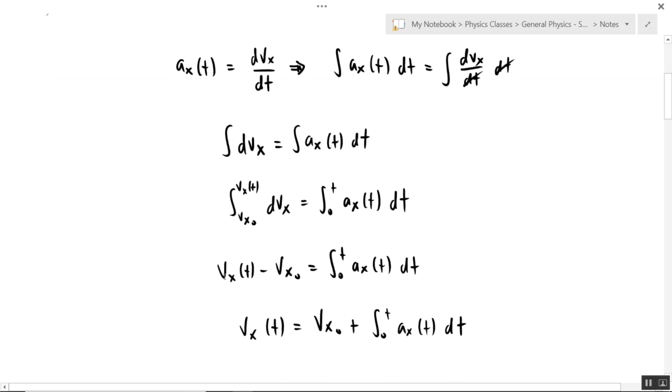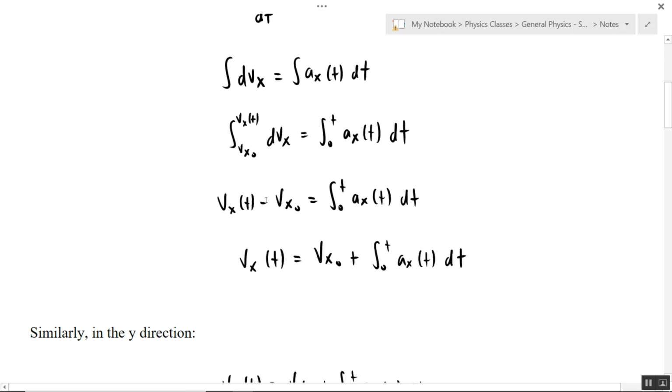The integral on this side is just Vx of t minus Vx of 0, and this is just the integral on that side. You don't change that, because you don't know what ax of t is. If you know what ax of t is, you can integrate it, but we don't know. It's just a general thing. So then you add Vx0 to both sides, and you get this equation here. So given the x part of the acceleration, you can find the x part of the velocity at any moment in time.